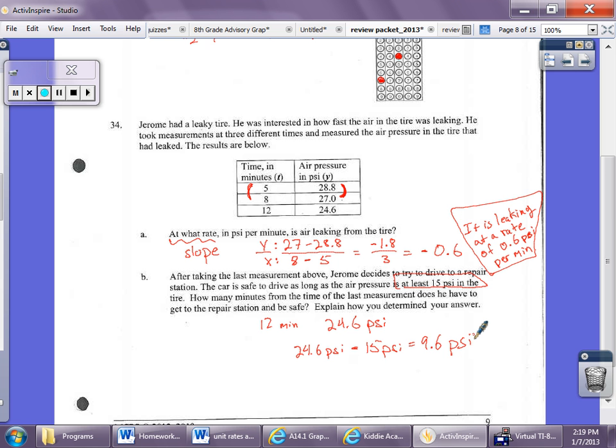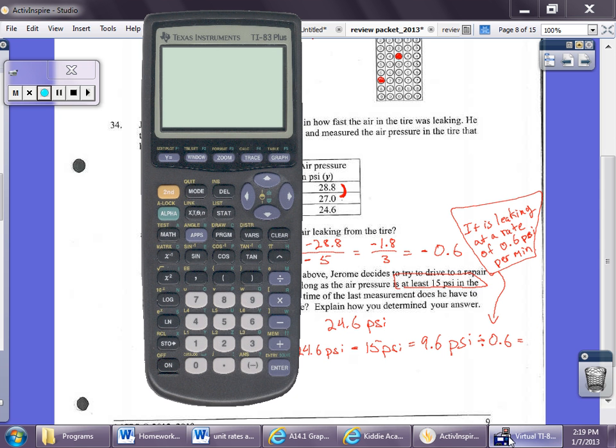So we have 9.6 psi left, and it's going out at a rate of 0.6 per minute. Well, we have 9.6 left to go. We divide this by 0.6, and 9.6 divided by 0.6 will give us 16.